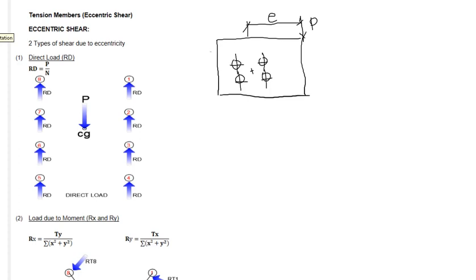Discuss the eccentric shear. So ano nga ba ang pagkakaiba ng eccentric shear sa direct shear? Pag sinabi kasi nating direct shear, yung applied load natin ay nag-a-act dito sa ating center.